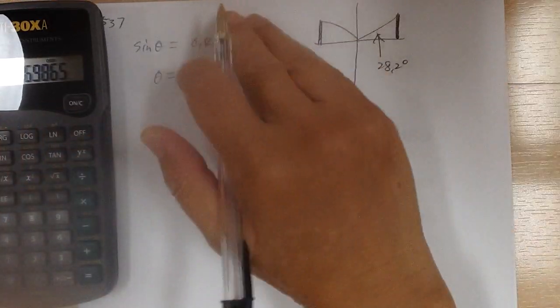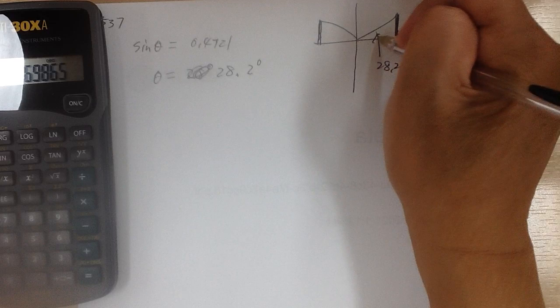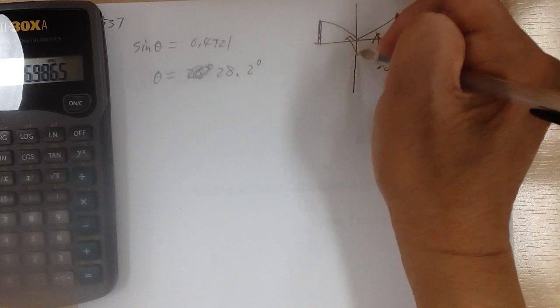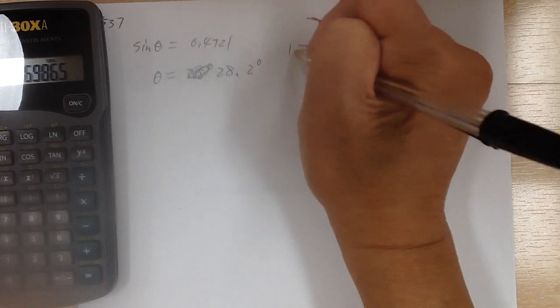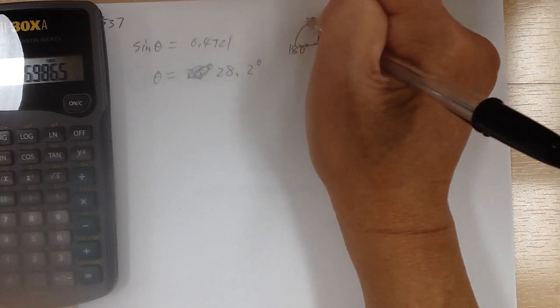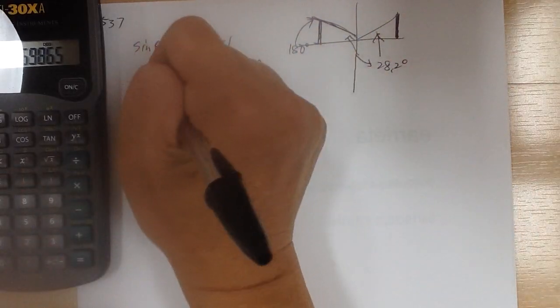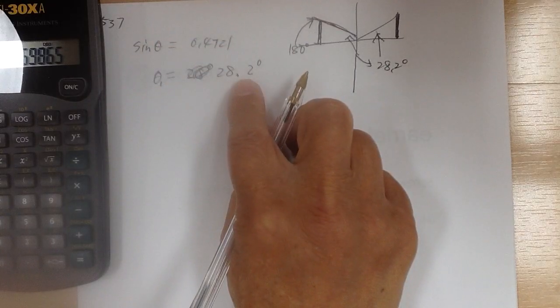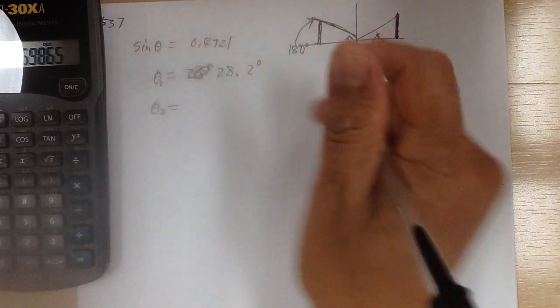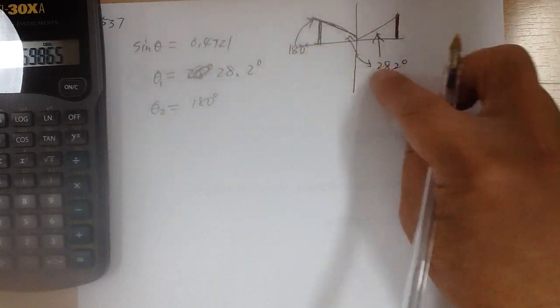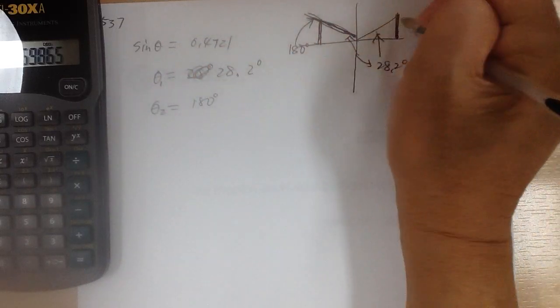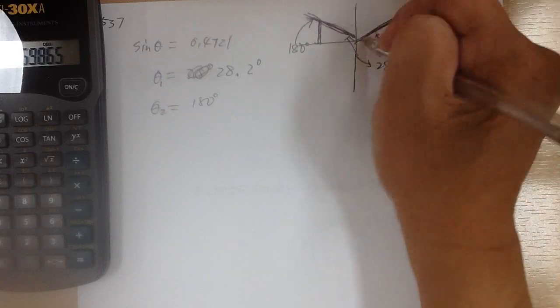Now, because they are symmetrical, if this is 28.2, this would also be 28.2. So to get to this angle, you have to start with 180 and go back this much. So theta 1 is whatever you get from the calculator. Theta 2, from this picture, you start with 180 and go backward this amount to get to this position. The calculator gives you this position over here.